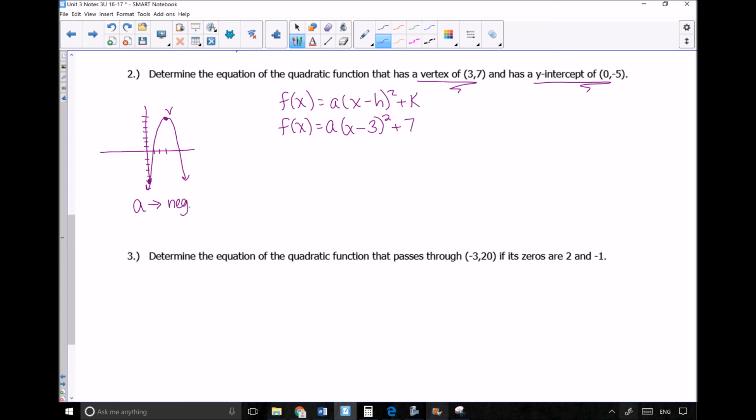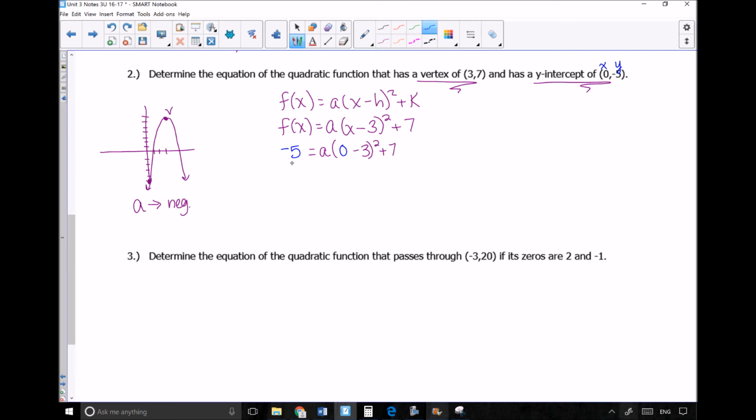But I'm going to leave it as a right here. Well, if it goes through the point 0, -5, I know that x is 0 and y is -5. That's one example of what x and y could be. So I'm going to replace f of x with -5, and I'm going to say -5 equals a. I'm also going to replace the x with 0. So a times 0 minus 3 squared plus 7.